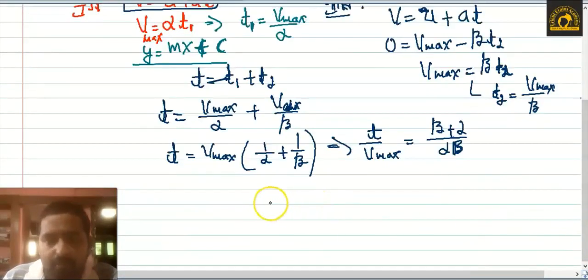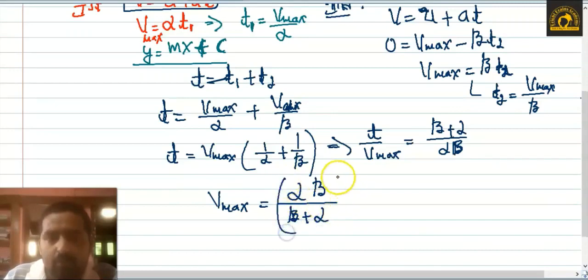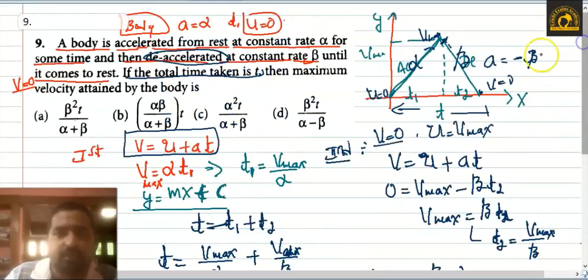Okay, so then V maximum is equal to alpha beta divided by alpha plus beta, into time T. Okay, so let's see the answer for this one.